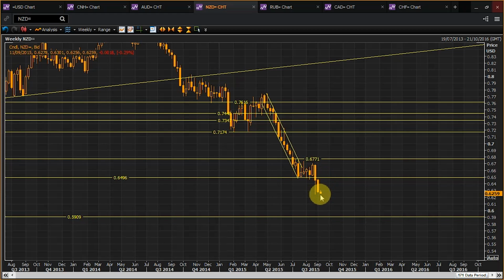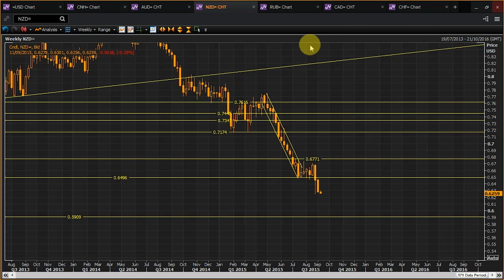If we do get a bit of a move back up to test here, I would be inclined to be selling into this area on first touch, just because I'm sure that the easing bias is not going to be taken off the table unless it's something particularly hawkish, which I think is really not expected. So just bear that in mind. If we do get any rallies up into this area, they could be sold into, particularly at that level, as I mentioned before.